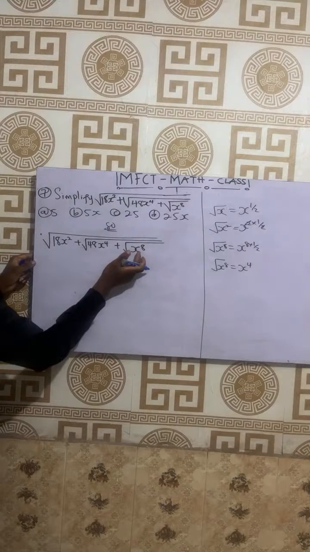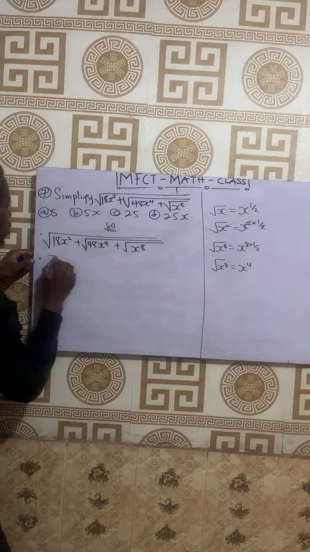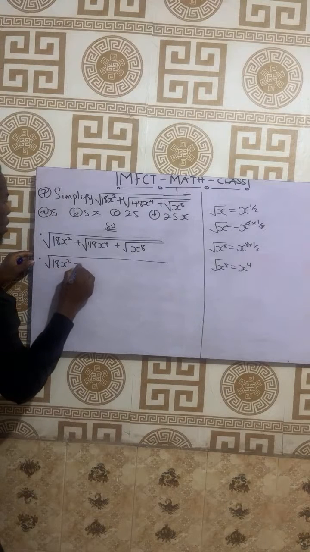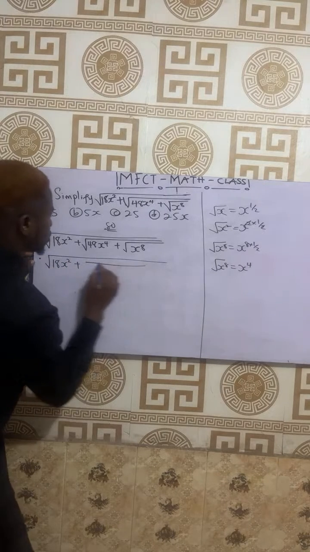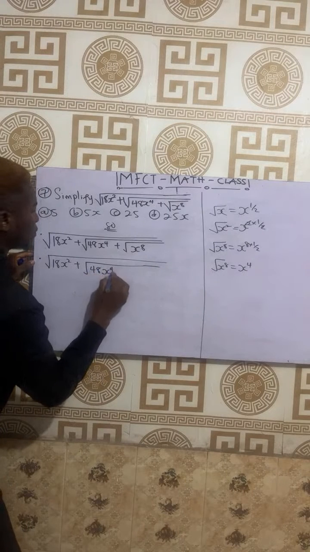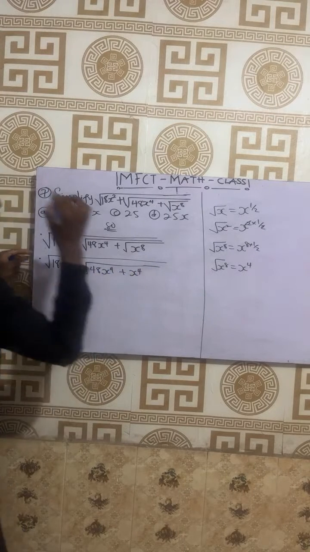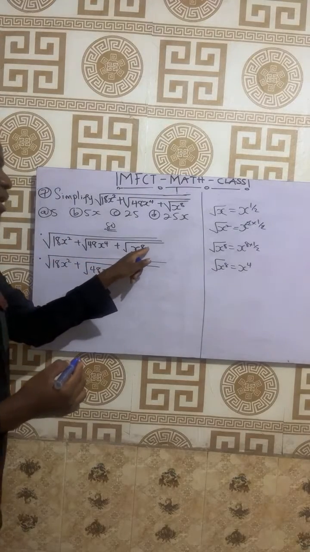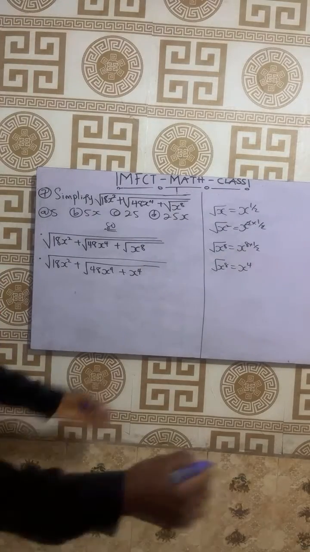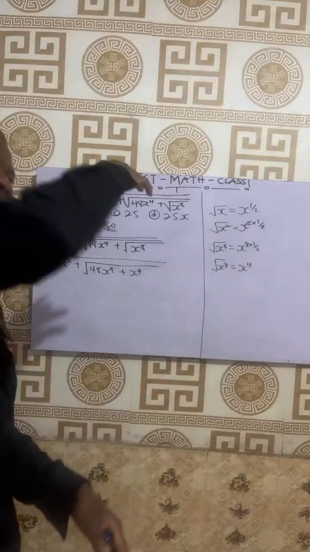So I'm going to start from this smaller square root. This will just turn to square root of 18x squared plus square root of 48 x raised to power 4 plus x raised to power 4, because root x raised to power 8 is equal to x raised to power 4. That's it. So I'm starting from the smaller square roots to the highest square roots.